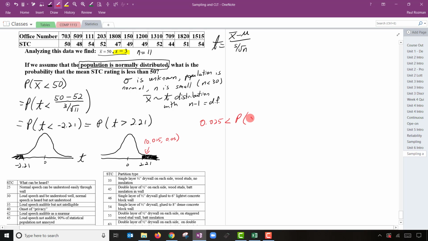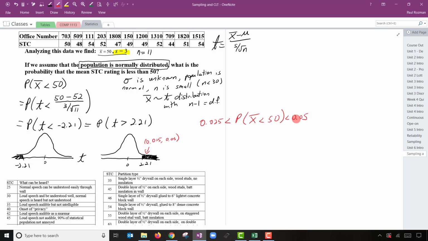The probability of getting a mean sound transmission class of under 50 is somewhere between 2.5% and 5%, which is unusual. It's low. It's not as crazy low as the other one, where we had 10 to the minus 24.